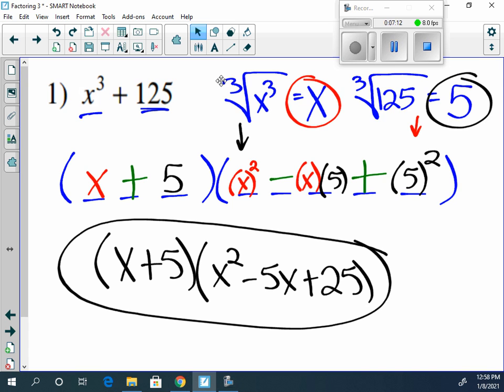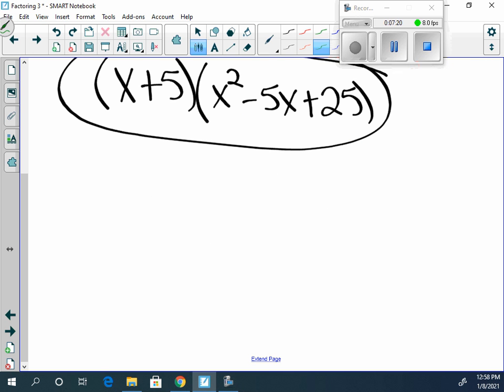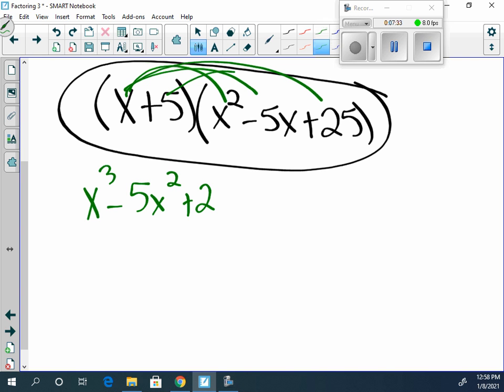If we multiplied this back out, let's see here. There we go. Because if I did the multiplication out, so x times x squared would be x to the third. X times negative 5x would be negative 5x squared. And then x times 25 would be plus 25x.